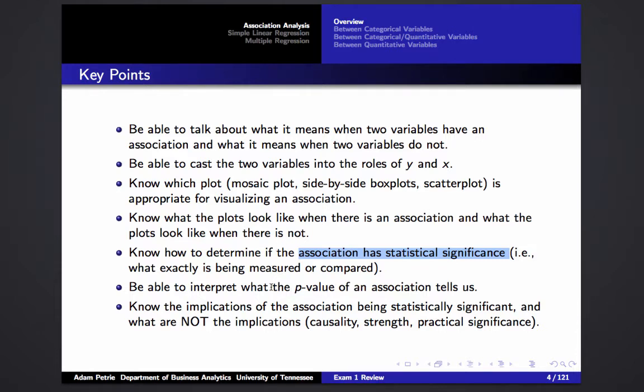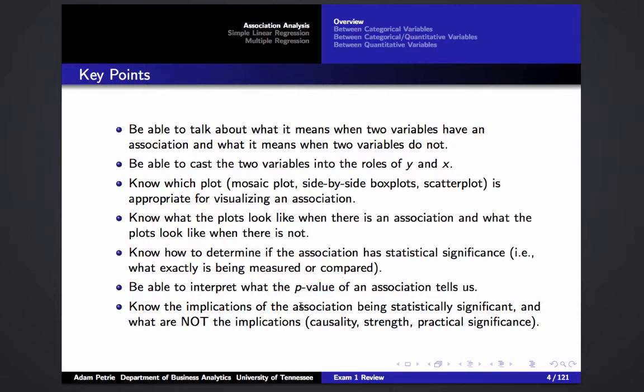And so along with that was the analysis of the p-value. Know exactly what the p-value is referring to, be able to interpret what the value of a p-value is actually telling us, and understand what the implications of various sizes of p-values are.